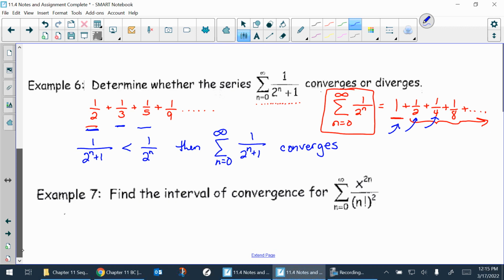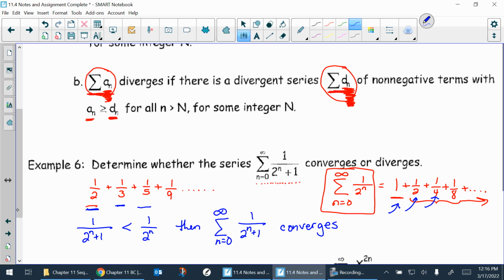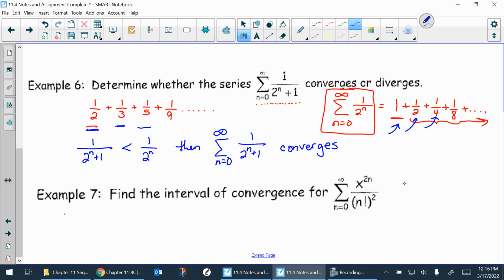Find the interval of convergence for this. Well, we're going to talk a lot about intervals of convergence coming up. But my question for you is, does this look familiar? Does this look a lot like e to the x?